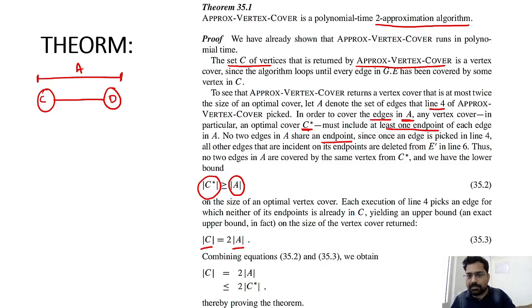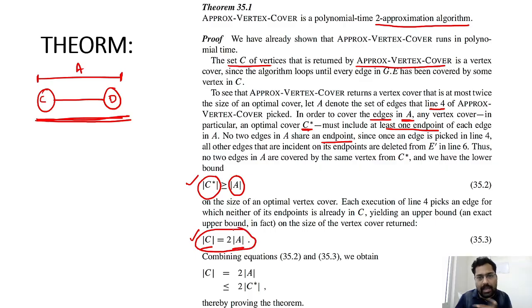Once the arbitrary edge is fixed, the optimal cover will pick at least one of them, so this condition will be satisfied. Once it is satisfied, C, which is the approximate value, will keep both the endpoints. Clear? Both the endpoints it has to keep. That's why C equals 2A, since there are two different endpoints. Based on that, we will pick this one.